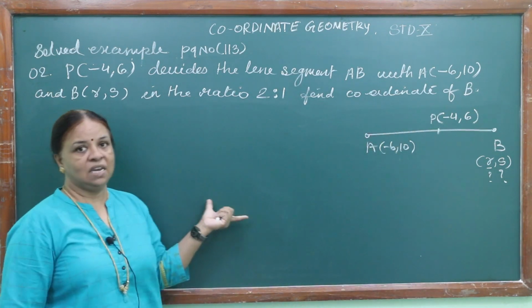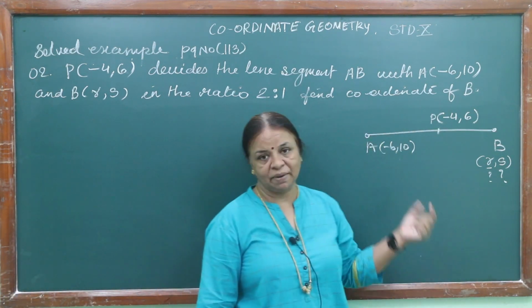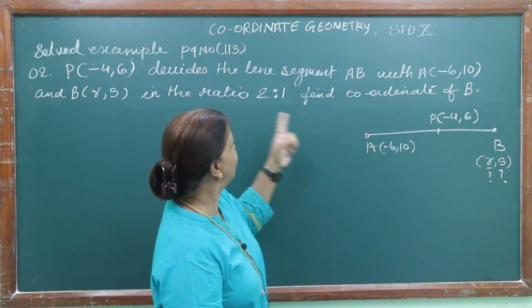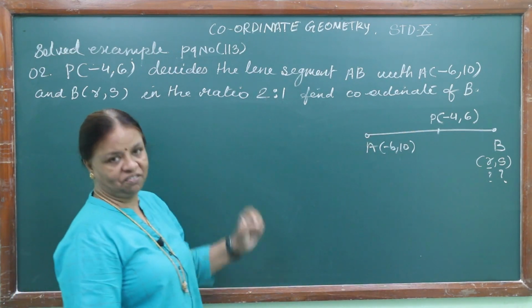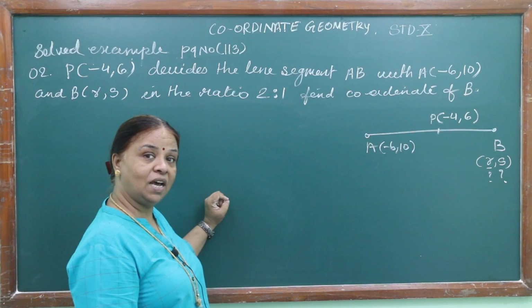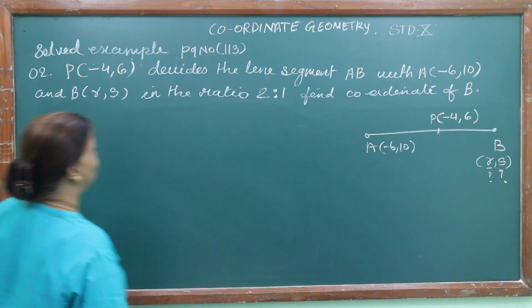So if any point is dividing the line segment in the given ratio, and that given ratio is 2:1, then definitely we need to use which formula? Yes, that is the section formula.